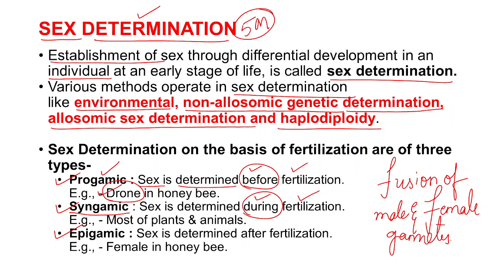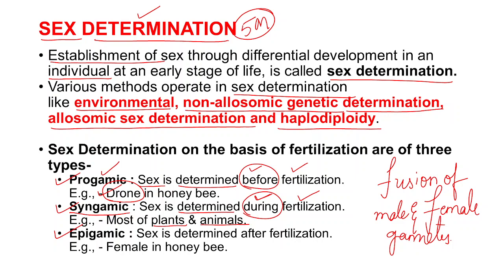Is that clear? So, Singamic type of sex determination is the one in which the sex of the individual will be determined or fixed during fertilization. Example, most of the plants and animals. Next one, epigamic sex determination. Epi means after.